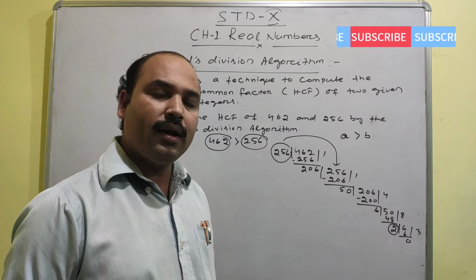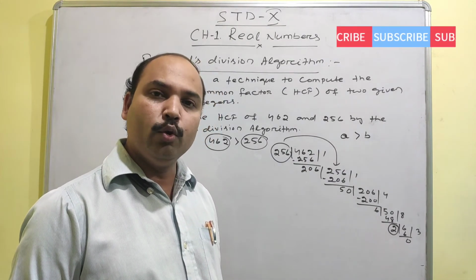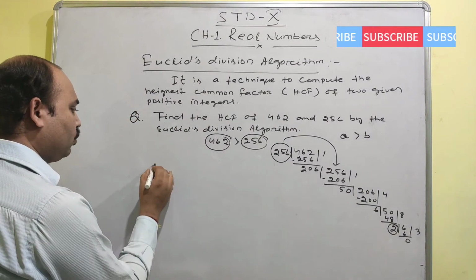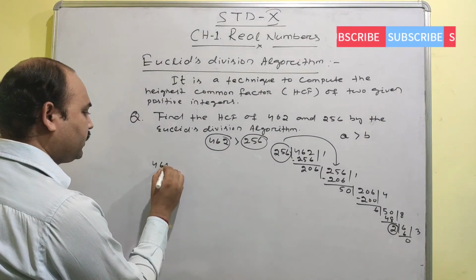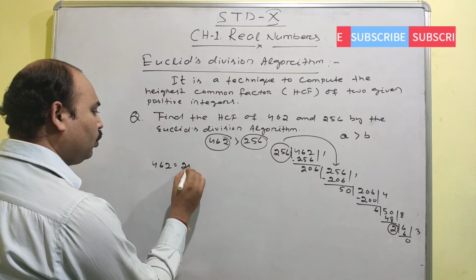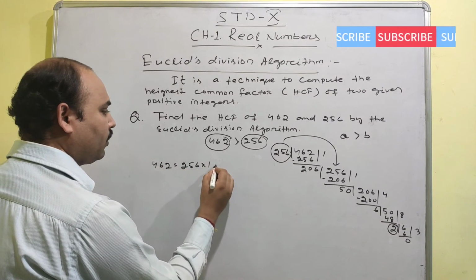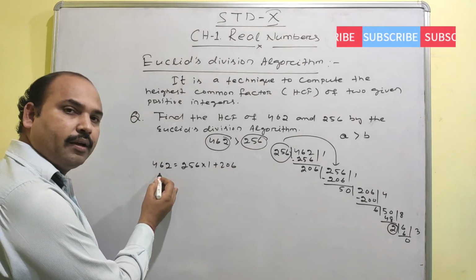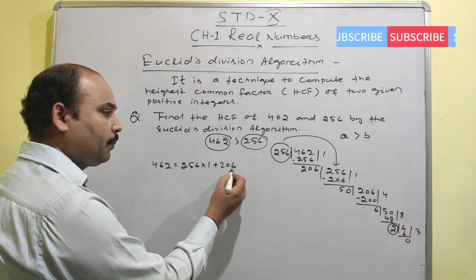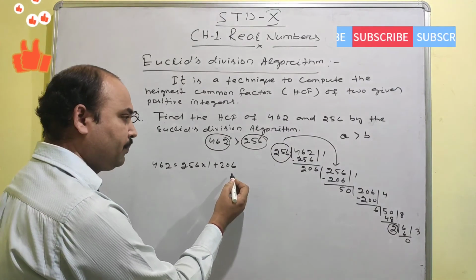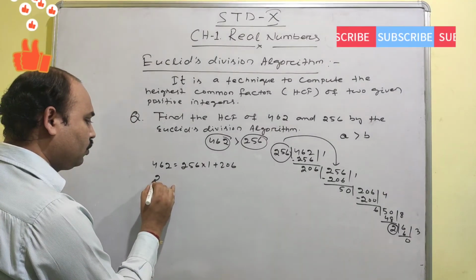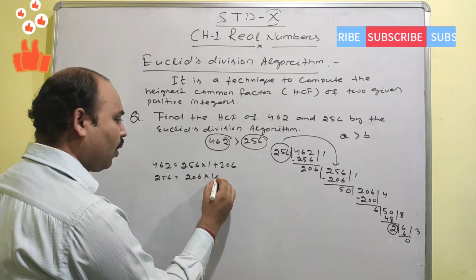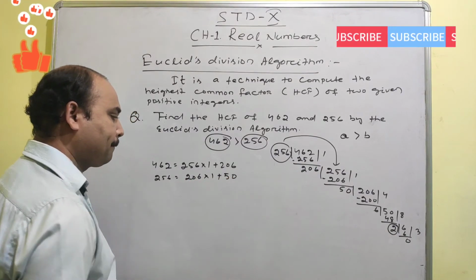Now we will write that in Euclid's division algorithm form. 462 equals 256 into 1 plus 206. It means dividend equals divisor into quotient plus remainder. Got it? Then 256 equals 206 into 1 plus 50.